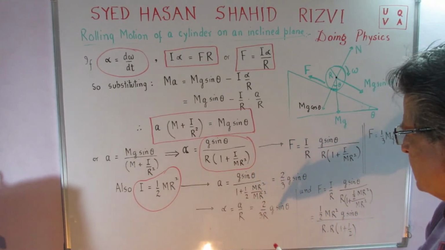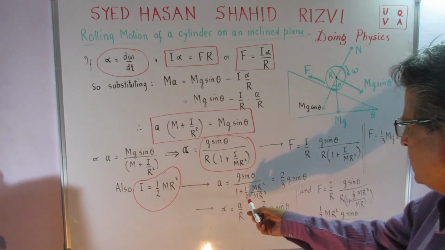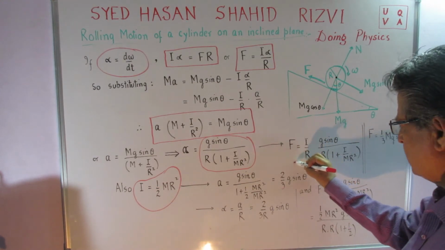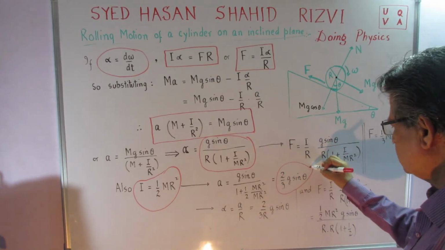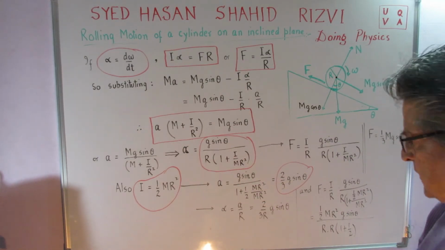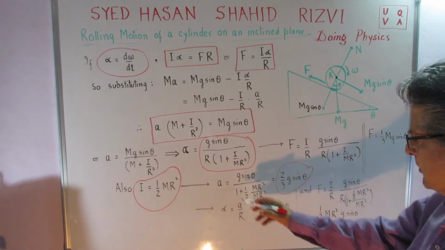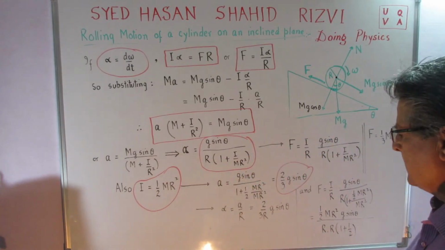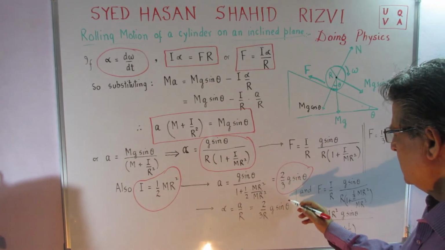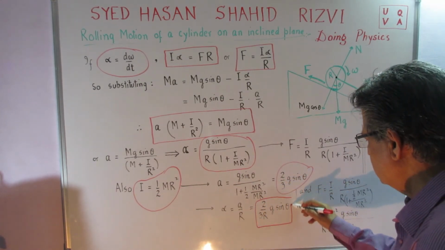This half is left over, so it's 1 plus 1 by 2, which is 3 by 2, so 2 goes up, and we get for the value of A 2 by 3 g sine of theta. And the value of alpha, because it is equal to A upon R, we get 2 by 3R into g sine of theta.